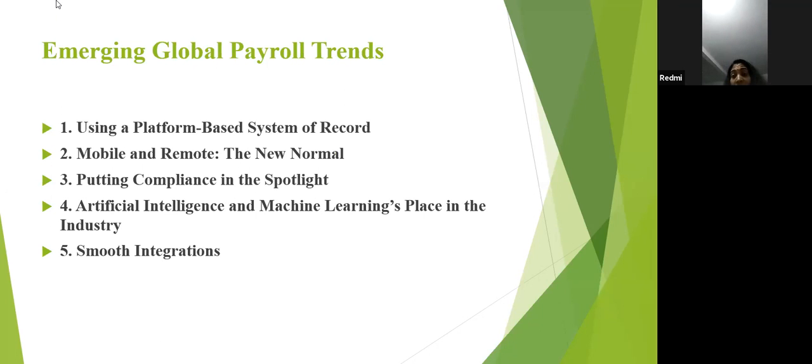Fourth point, artificial intelligence and machine learning, that we have been hearing about for the last 2 or maybe 3 years. Artificial intelligence and machine learning. The future is now, and with the slow but steady normalization of biometrics, intelligent workflow, and smart validation, it's more now than ever.